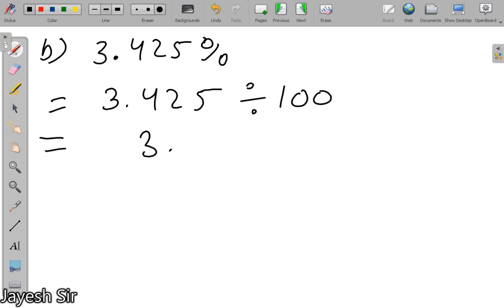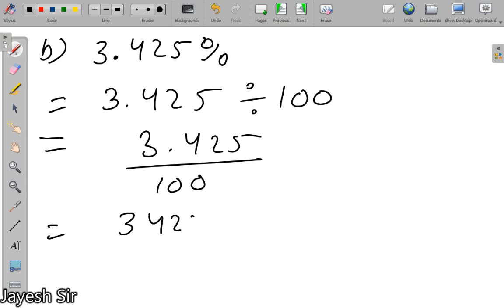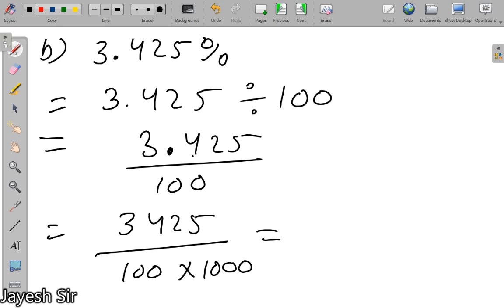That will be 3.425 upon 100. Now after removing the point, 3425 upon 100 into 1000. How 1000? After the decimal there were 3 digits, so I removed the point and introduced 3 zeros to the denominator.